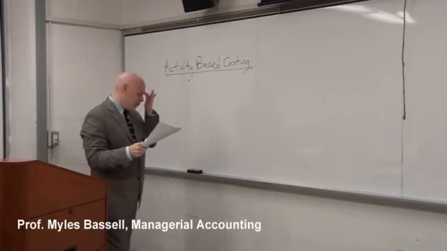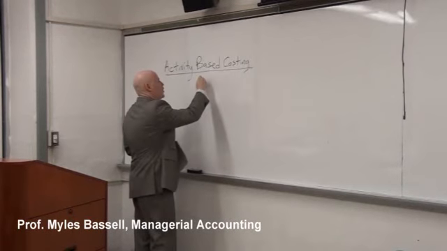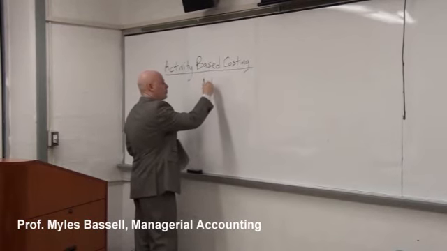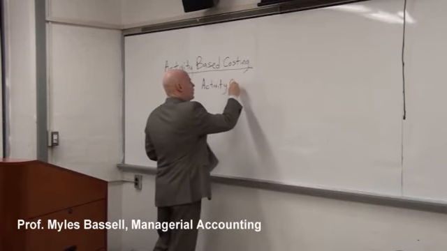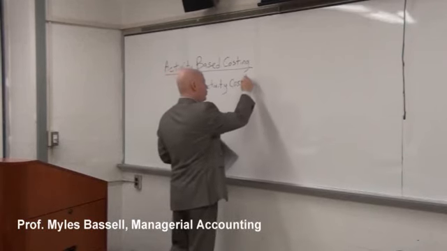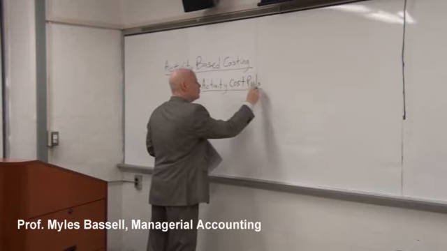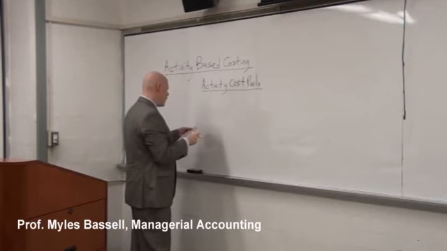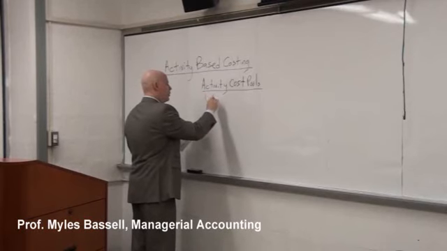We talked about the activity cost pool. For this particular company, I'm going to list what they've identified as the activity cost pools. They identified several here, the ones actually that we mentioned earlier.